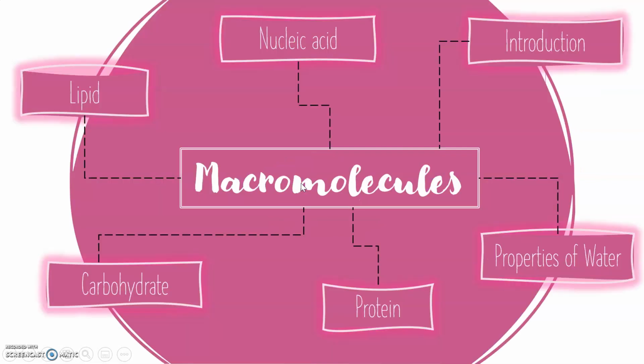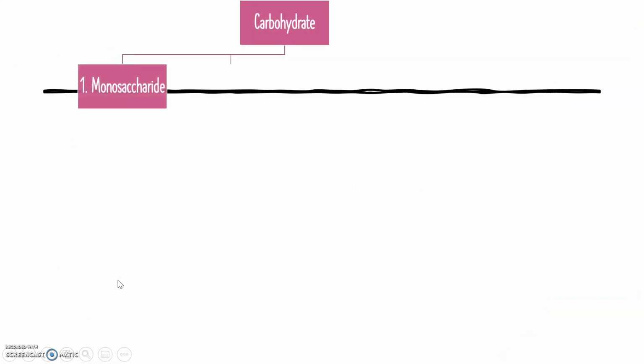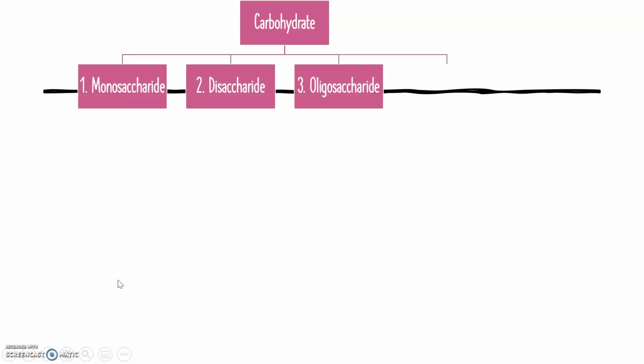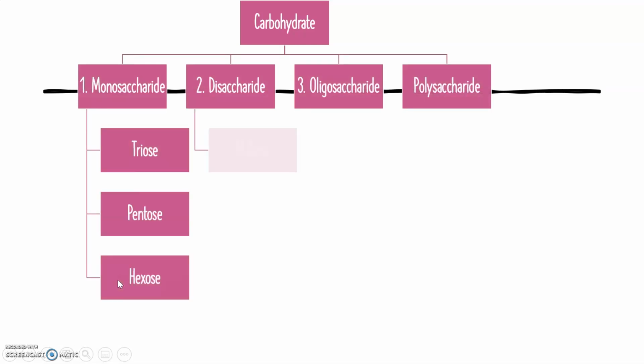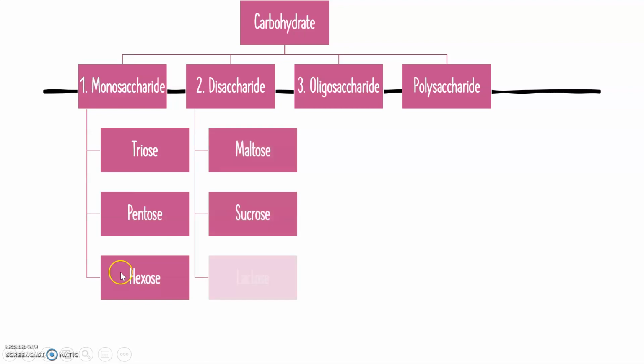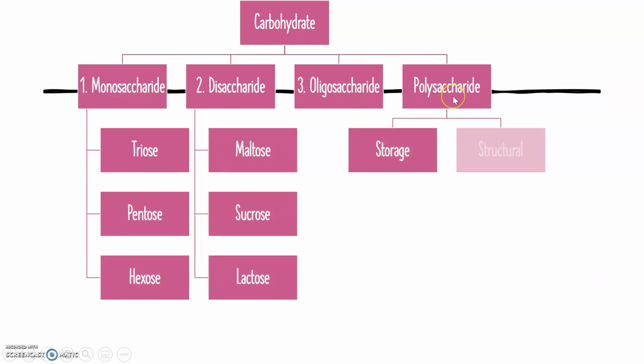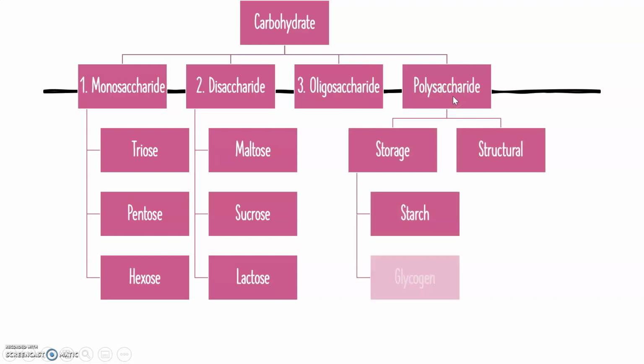After you learn about proteins, you learn about carbohydrate. In carbohydrate, you were introduced to 4 types of carbohydrates: monosaccharide, disaccharide, oligosaccharide, and polysaccharide.